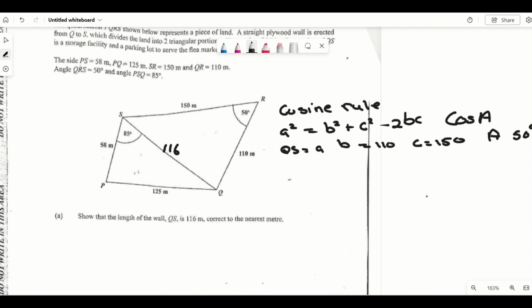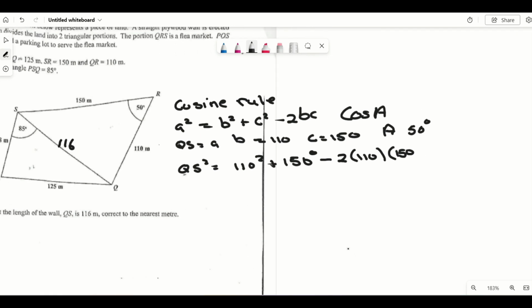So let's put it in the formula. Instead of a squared, you're going to put QS squared is equal to, instead of b, you're going to put 110 squared plus 150 squared, minus 2 by b, which is 110, by c, which is 150.